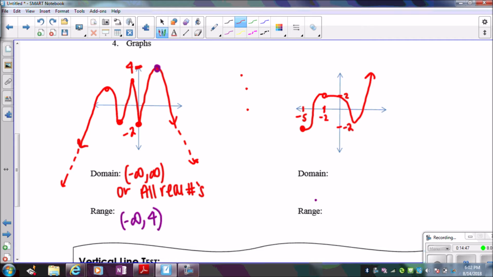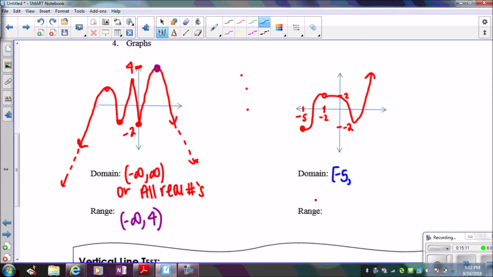So for this one, what ends up happening for our domain is if you look from left to right, so imagine starting at the leftmost point that you include is going to be -5, an x value of -5. That's the furthest left you'll ever go. There's no arrows over here, it stops. So it's going to include that -5, so I'm going to put a hard bracket around that.